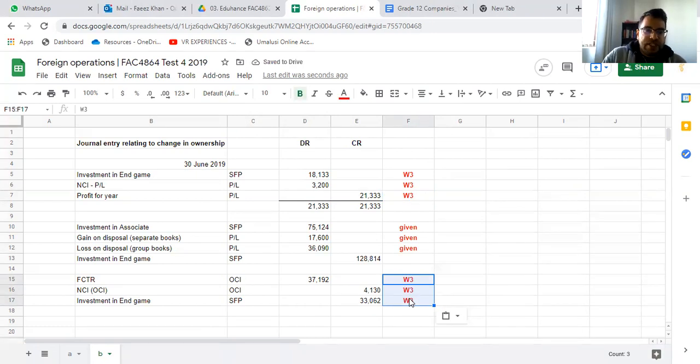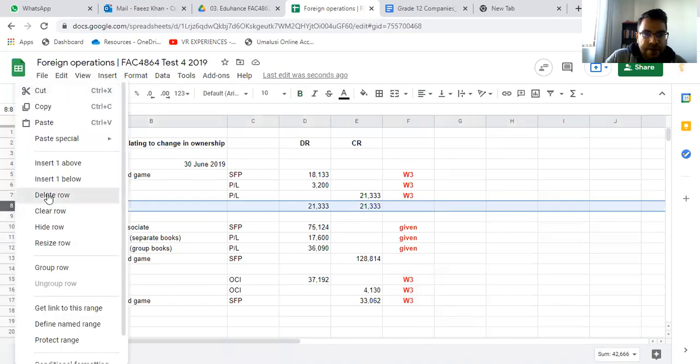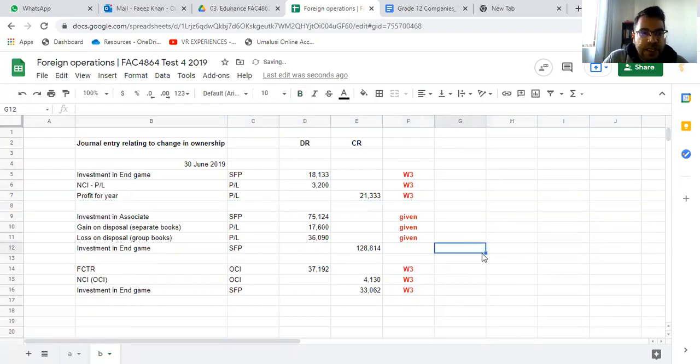Okay, so the last thing we need to do, I'm just going to delete this line item. So I needed to show you, so that's fine. So the last one we're going to do is just recognize the opening balance. Okay, so we need to recognize all the opening balances.